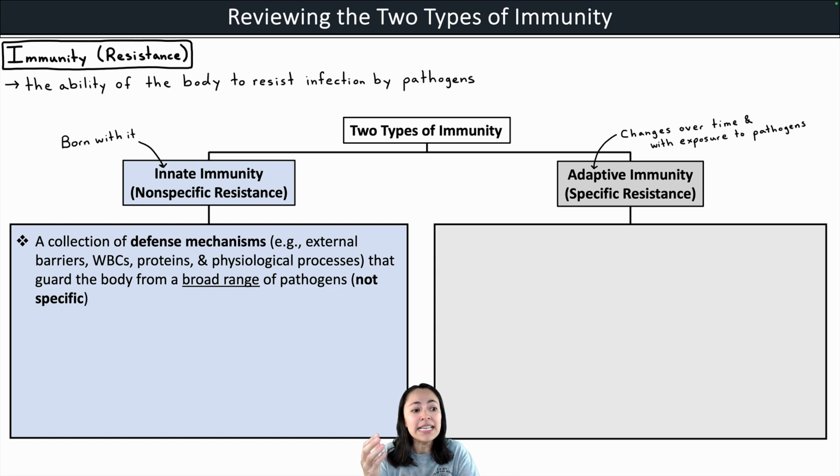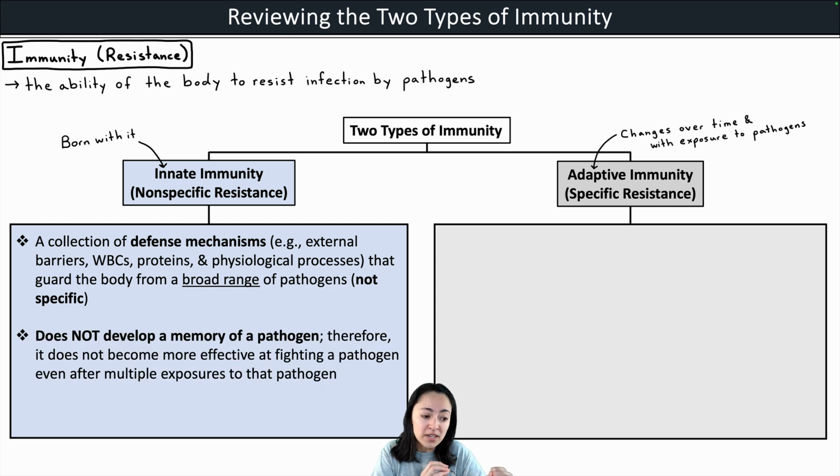Innate immunity is a collection of defense mechanisms. For example, this includes our external barriers like our skin or mucous membranes, as well as certain white blood cells, proteins, and physiological processes like inflammation and fever. These mechanisms guard our body from a broad range of pathogens and are not very specific.